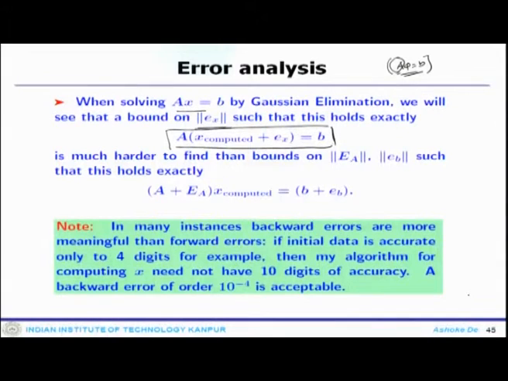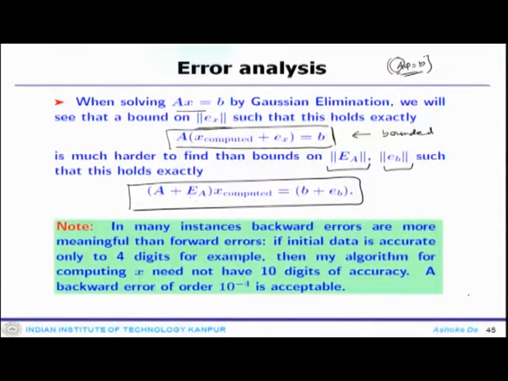So, this would be bounded for this calculation. This is quite harder to find than the bounds on E A, E B such that this holds exactly: this particular property, A plus E A, which is the backward error, times x computed equals B plus E B.